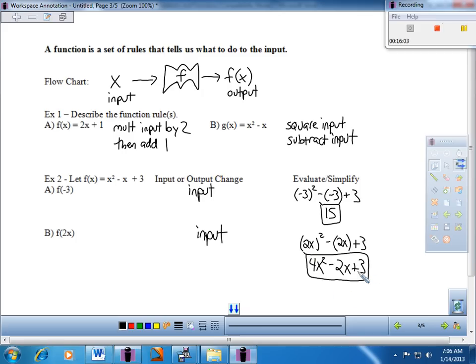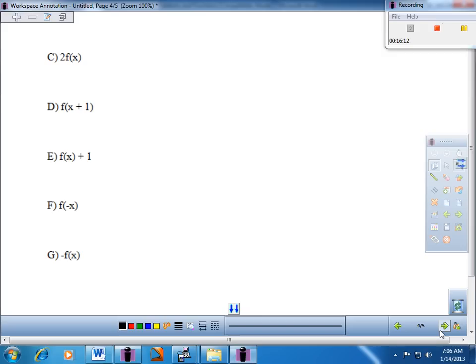Okay, good. Let's go get the next set, if we can here, and start developing your input change versus output change. So let's look at letter C. So in this case, notice it's 2 times f of x. And so the question is, is this an input change or an output change? Am I changing x or am I changing f of x? And in this case, it looks like x is the same, right?